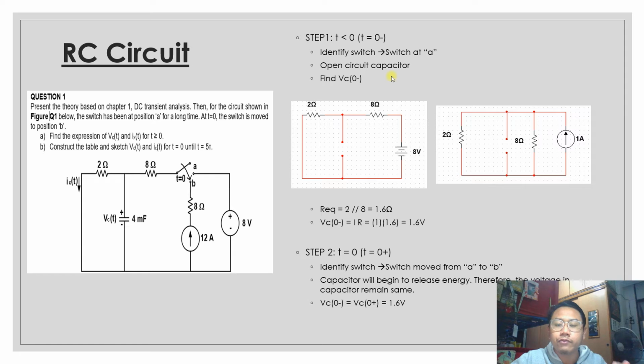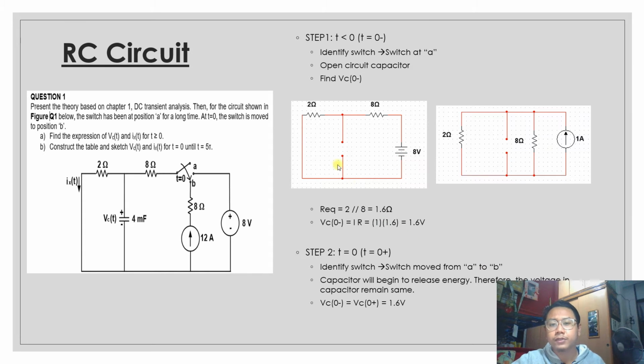Then we need to find VC 0 negative at the open circuit capacitor. From this question, when the switch is at position A, this 8 ohm and 12 ampere are not on, and we just neglect these two components, and the circuit will become like this. We have 2 ohm, 8 ohm, and also 8 volts.